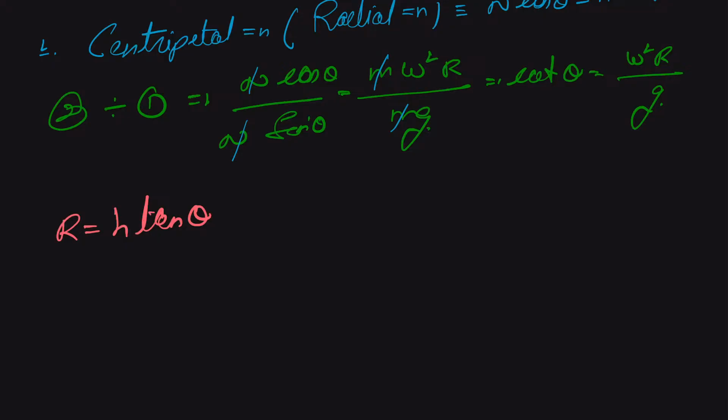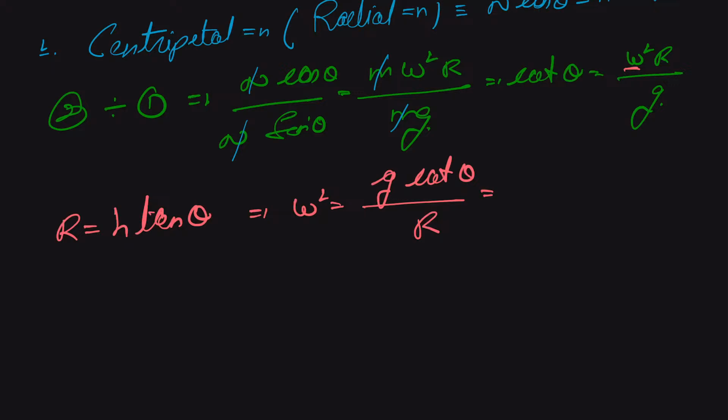Because we require omega, we can say omega square is equal to g cot of theta divided by r, and we can substitute the value of r, that is h tangent of theta.